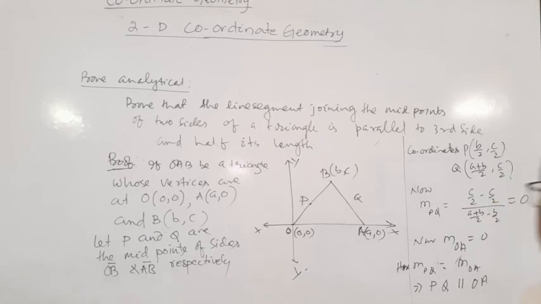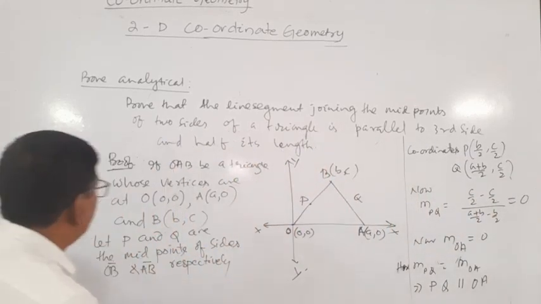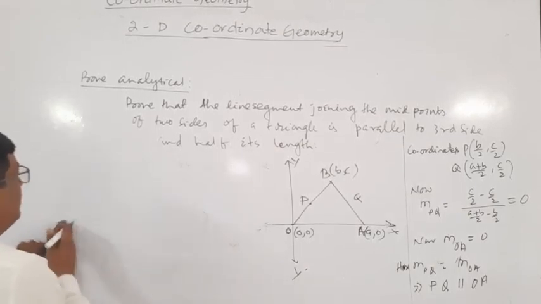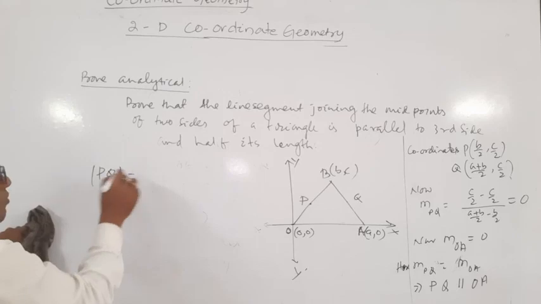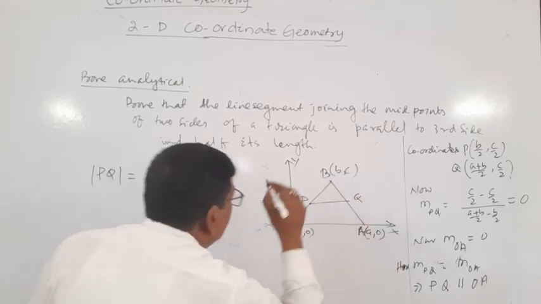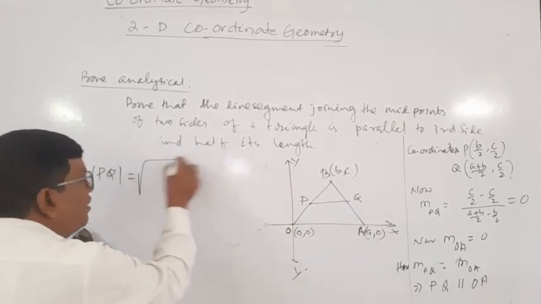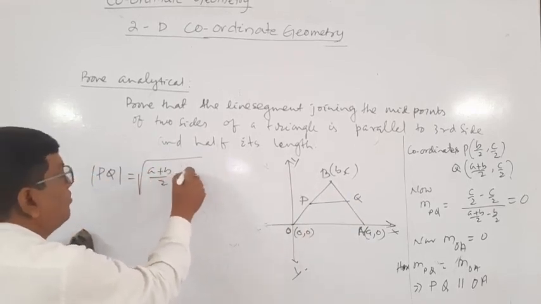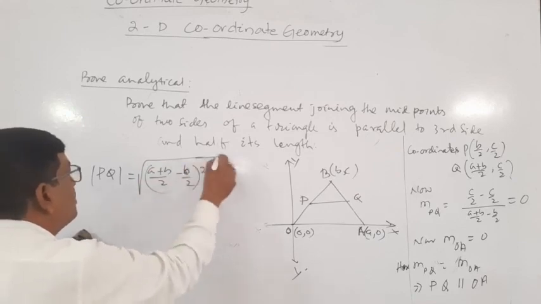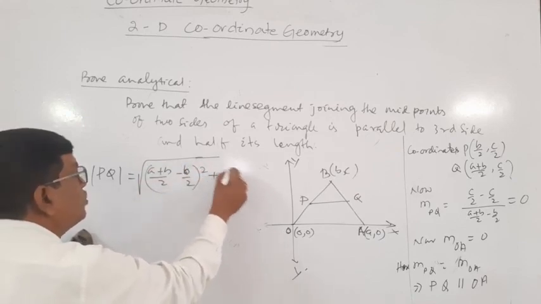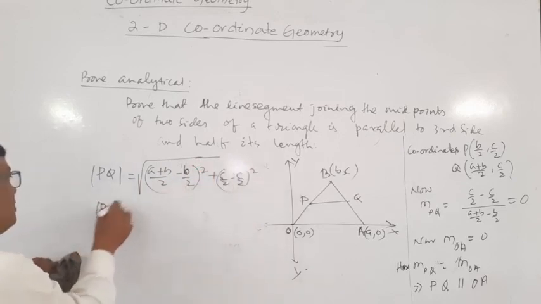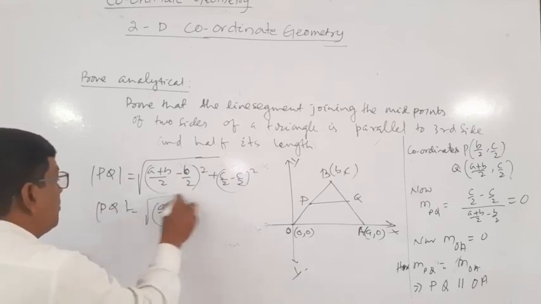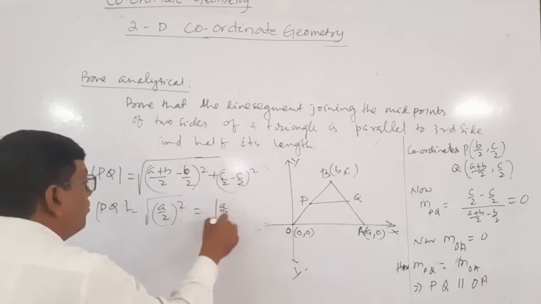The length of PQ is the distance between the points P and Q. By the distance formula, it is the square root of ((a plus b) by 2 minus b by 2) whole squared plus (c by 2 minus c by 2) whole squared. So the b by 2 cancels, and we get a by 2 whole squared under the square root, that is, mod of a by 2.